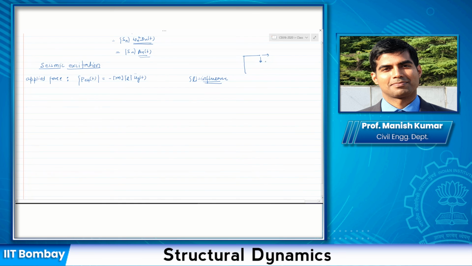If you define these as u1 and u2 and you have ground motion like this, then if you apply a unit displacement u g t equal to 1, the influence vector is constructed like this. Here it is 1: if the ground displacement is 1, u1 is 1. However, u2 is 0. As simple as that. This is my influence vector, and you multiply with the mass matrix, and this is the time variation of force.